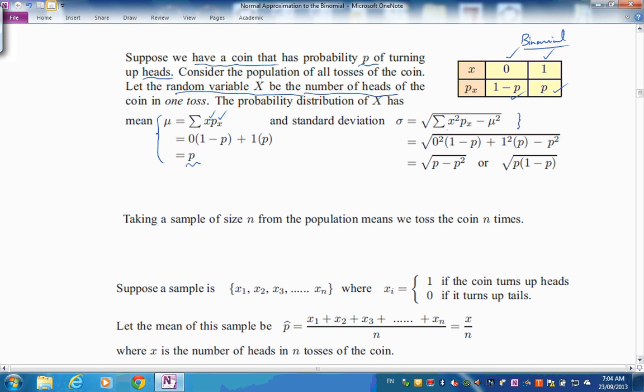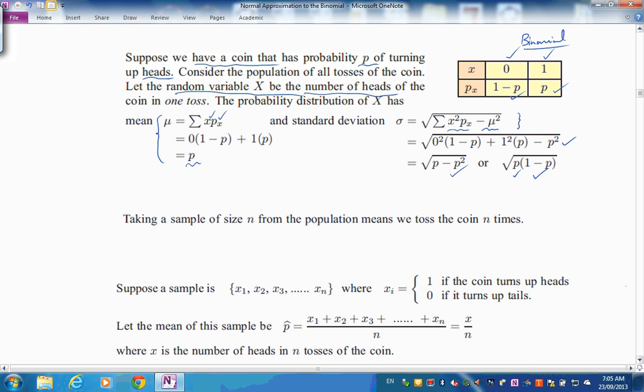It's the square root of, here's our deviations away from the mean, or the squares, sorry, deviation of the squares, using squares so we don't get positive and negative cancelling out. We discussed that in an earlier presentation. So if you follow through with that, we get the square root of p(1 take p) as the standard deviation of that distribution.